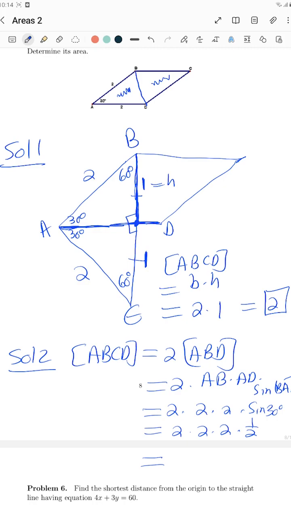Oh sorry, it's a half. So the area of triangle ABD is a half AB AD sine 30 degrees. So I've forgotten the other half lurking over here.